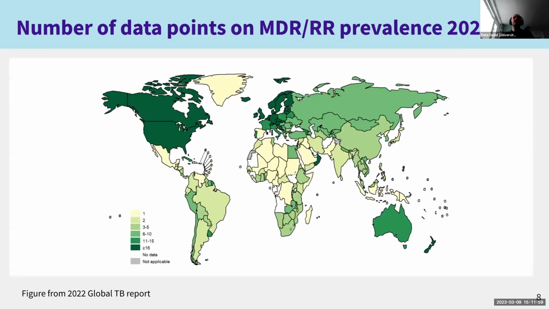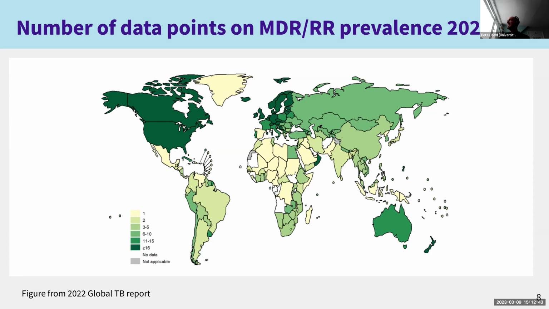Now, partially because of that, and partially because of the drug resistance TB surveillance global project at WHO, within the global TB unit they have a project to specifically focus on surveillance globally for drug-resistant TB that collates data that countries provide to them. And that's been going for a long time now.